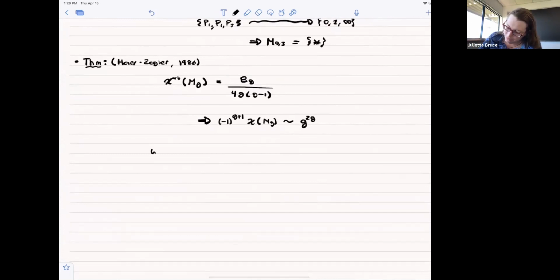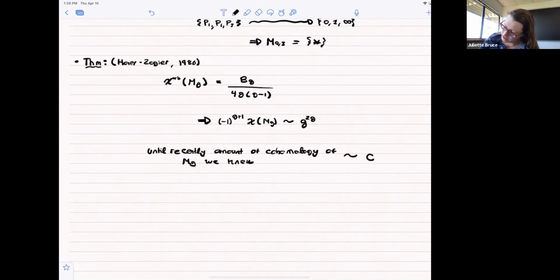until recently, let me put it this way, the amount of cohomology of Mg we knew was on the order of something like a constant to the root g.